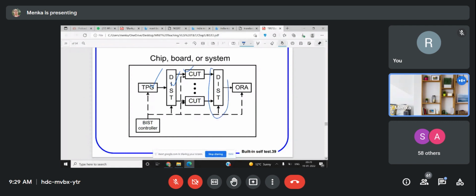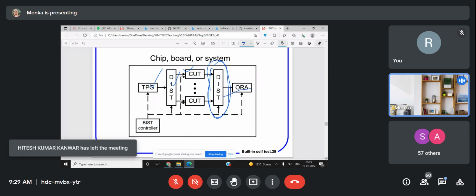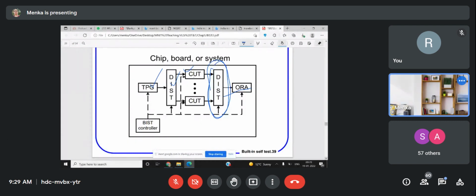You have a distributor unit, the output from the CUTs is collected by the distributors, and then it will go to the output response analyzer, and then the BIST controller is going to identify where the problem is, what the problem is.